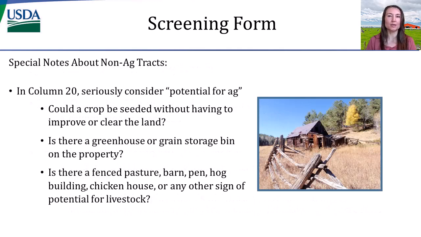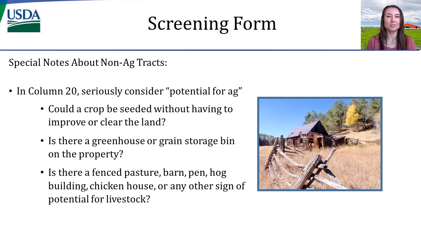In column 20, before simply saying yes or don't know that a non-ag tract has potential for agriculture in the next 12 months, seriously consider what it means for an operation to have potential for agriculture. In the next 12 months, could a crop be seeded without having to do significant improvements or clearing of the land? Is there a greenhouse or grain storage bin on the property that looks like it would not take a lot of work to put into production right away?